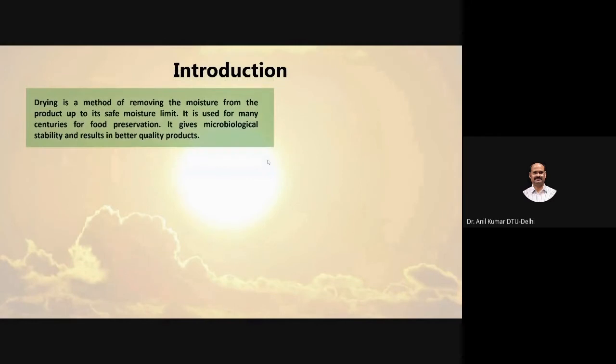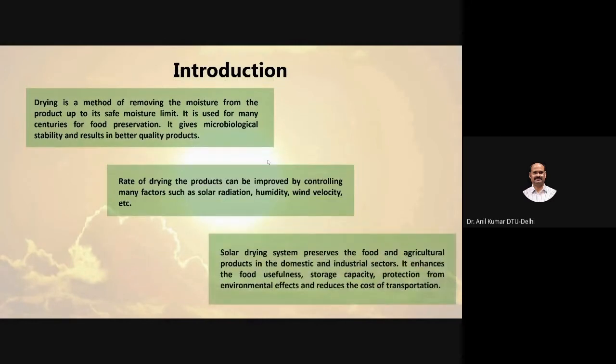In the drying operation, basically moisture is removed up to a safe moisture level. I will show you in my next slide that fruits and vegetables have some limitations, or safe moisture limits.